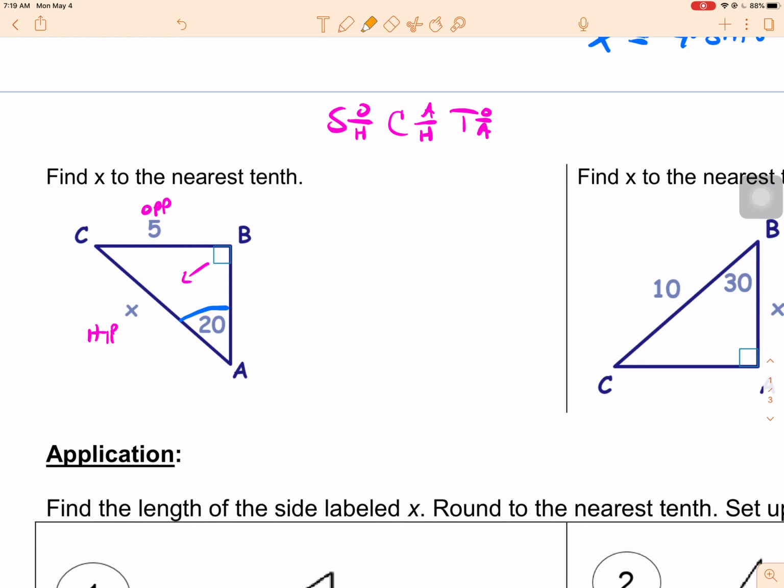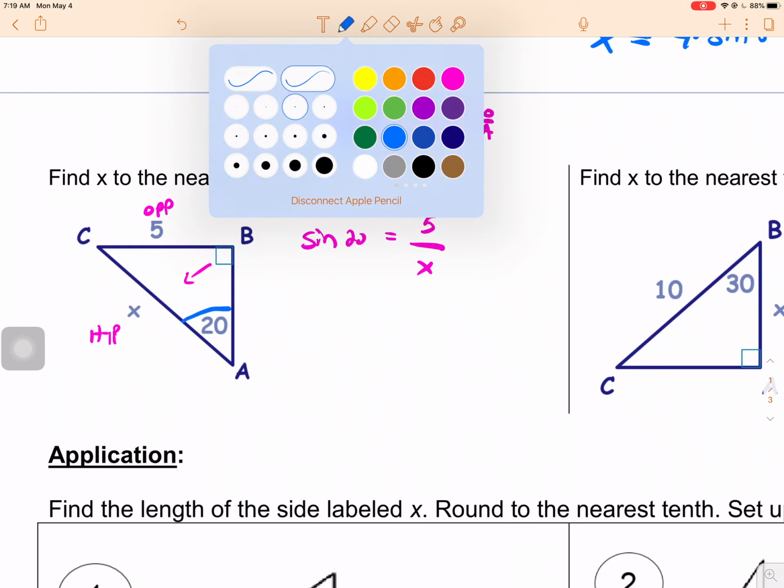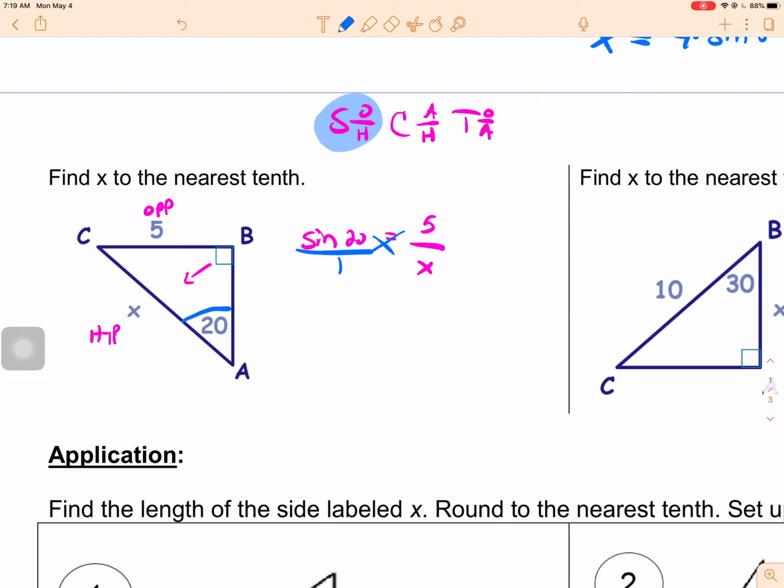I'm going to write this again on this page. So here we go. I know the opposite, and I'm looking for the hypotenuse. Sine is the winner again. So sine of 20 equals 5 over x. Put it over 1, cross multiply and solve. You get x times the sine of 20 equals 5.